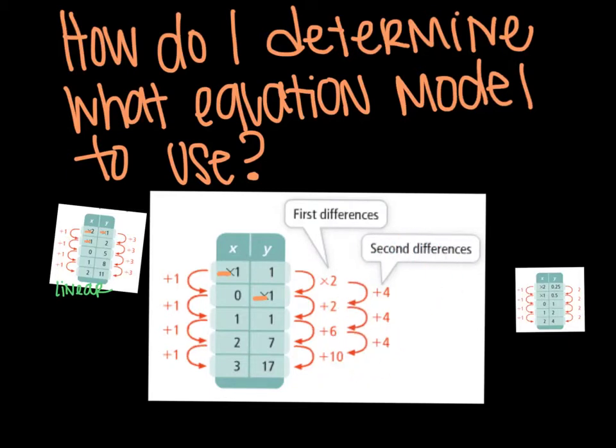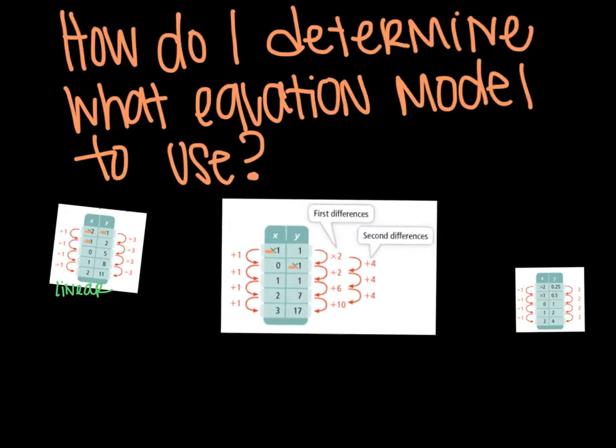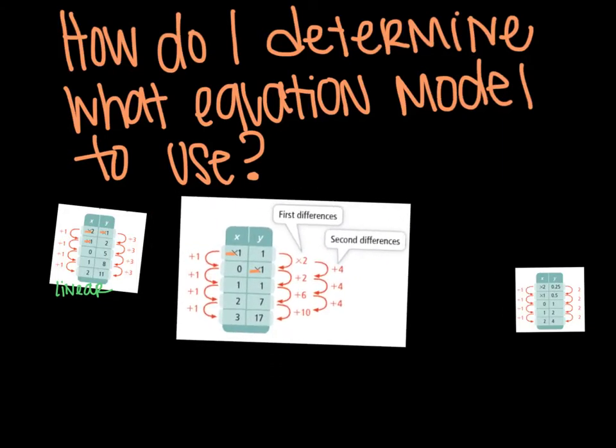There is a second difference set because you're going twice. And when that happens, it is called second differences. So this would be a quadratic model because of the second differences.